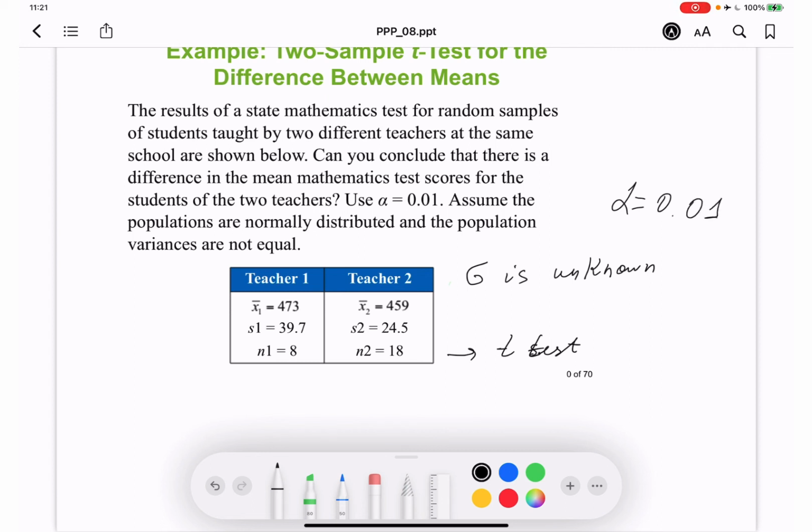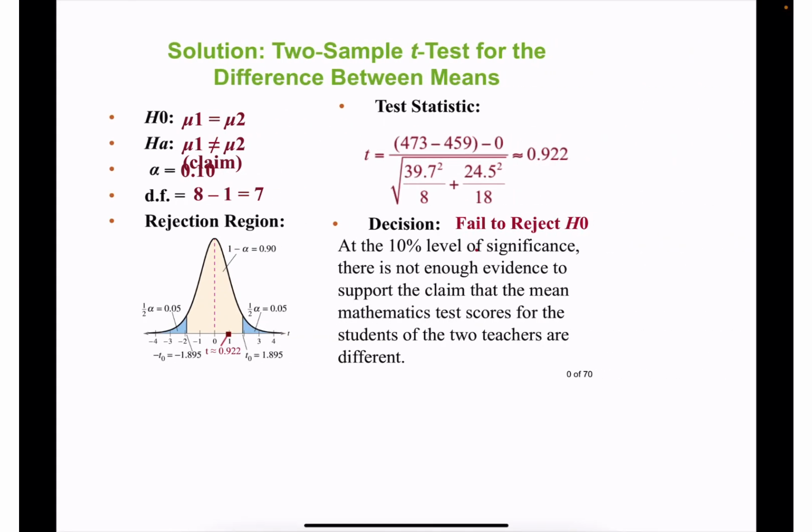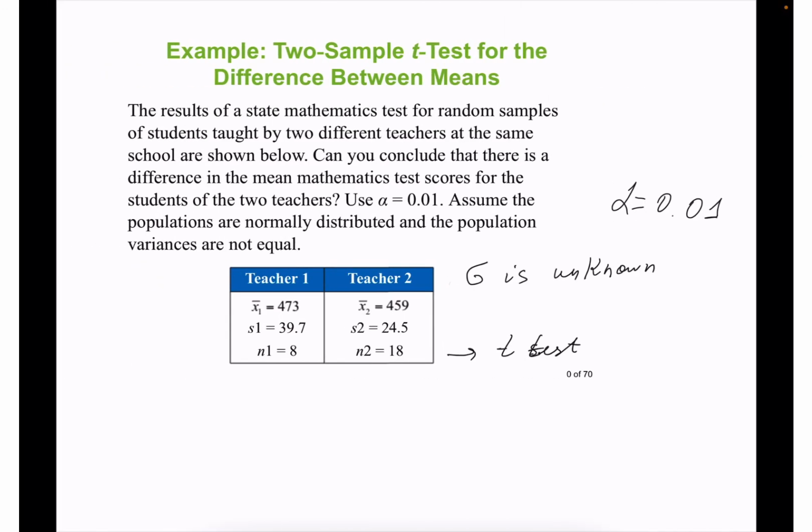All right. So, two sample t-test for the difference between means. What was our claim? I missed it. The results of the state mathematics test for samples taught by two different teachers at the same school. Can you conclude that there is a difference in the mean?